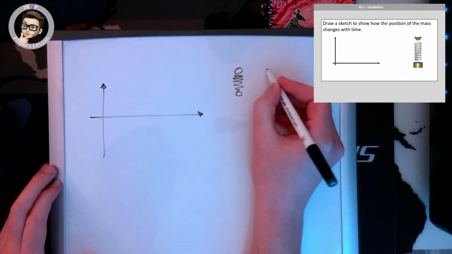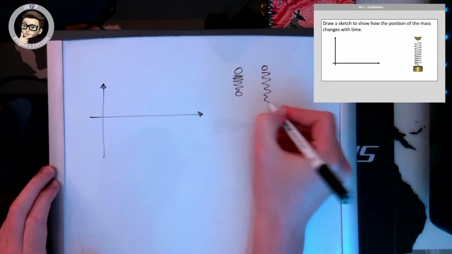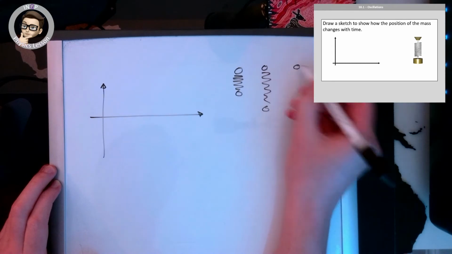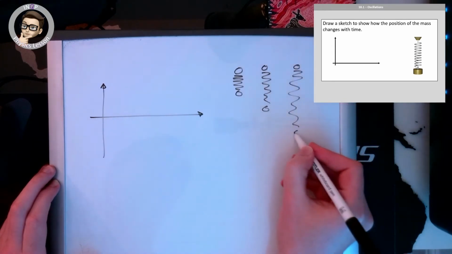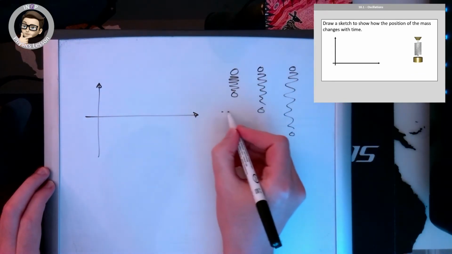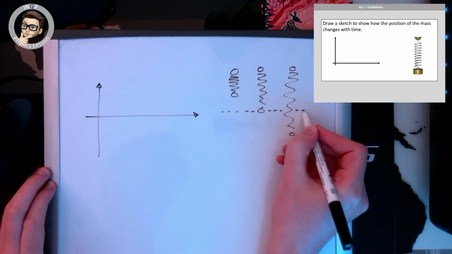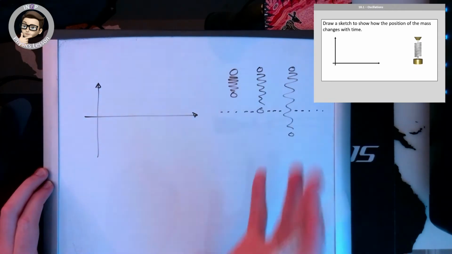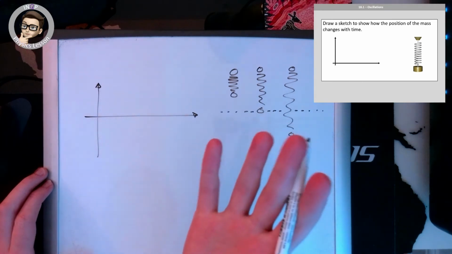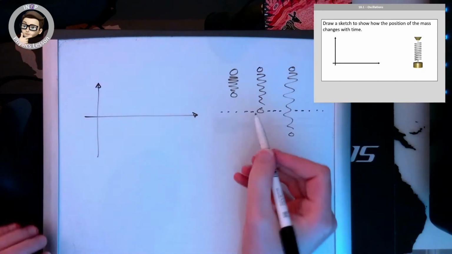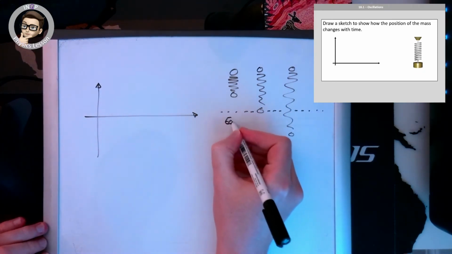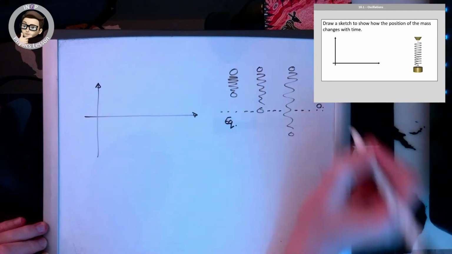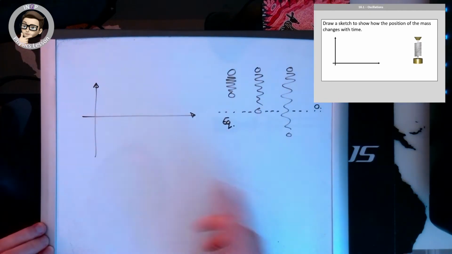We've got the spring where it's there, the spring where it's a bit lower, and the spring where it's much lower. The one in the center, which is where the mass will rest if we let it oscillate until it's lost energy, is what we call the equilibrium point, and we should consider that as our zero.